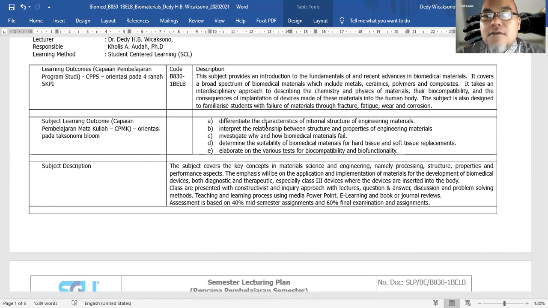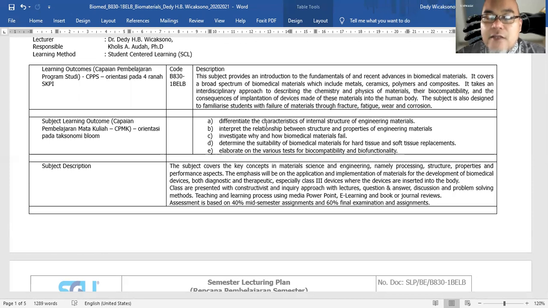Then elaborate on the various tests for biocompatibility and biofunctionality. The biological aspect will be covered by Pak Kholis, like biocompatibility, biofunctionality, immunoreaction, etc. So this subject will cover some key concepts in material science and engineering.